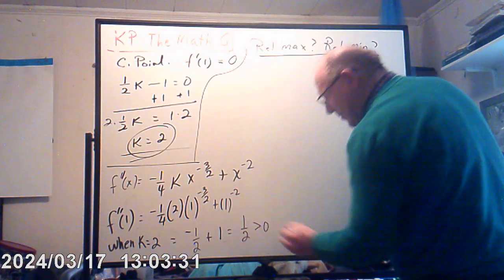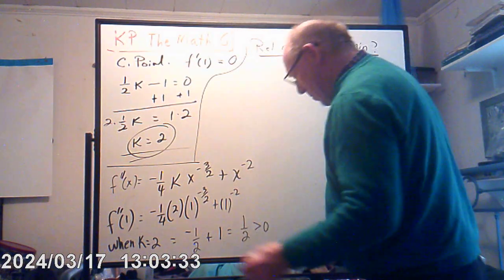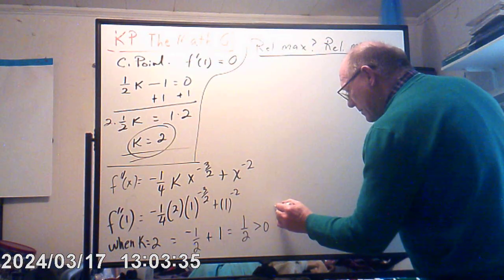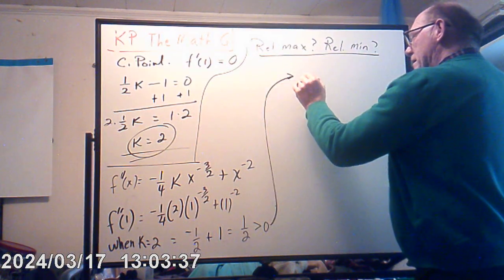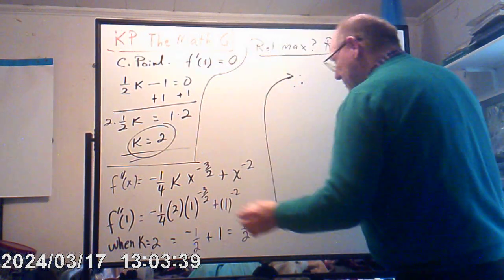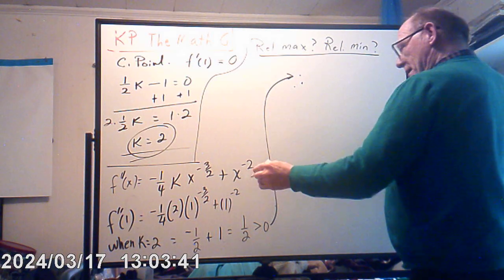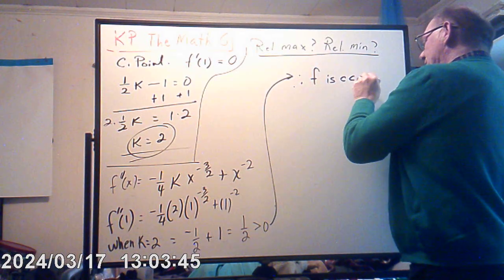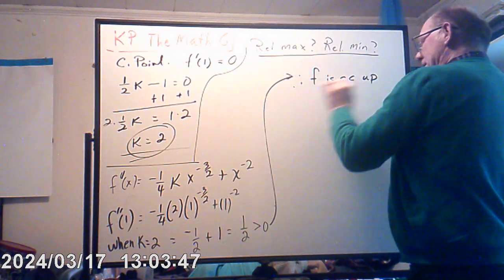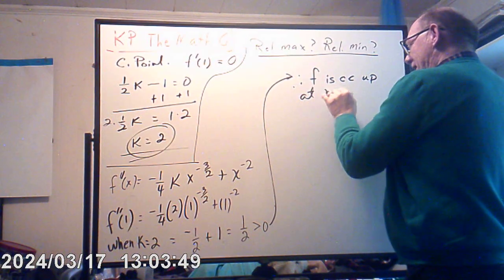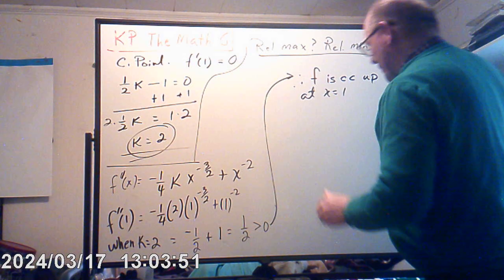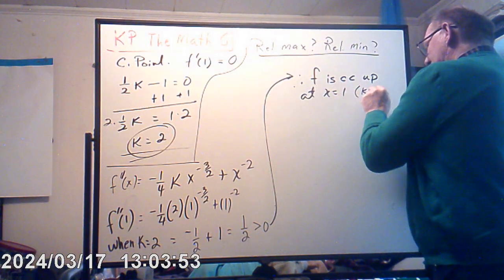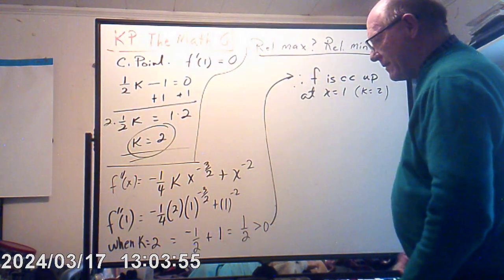1/2 is greater than 0. So, therefore, let's go up here. Now, therefore, we have f is concave up at x equals 1. Of course, we know that k is equal to 2, right?